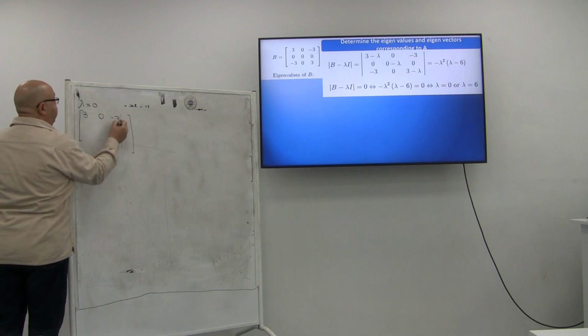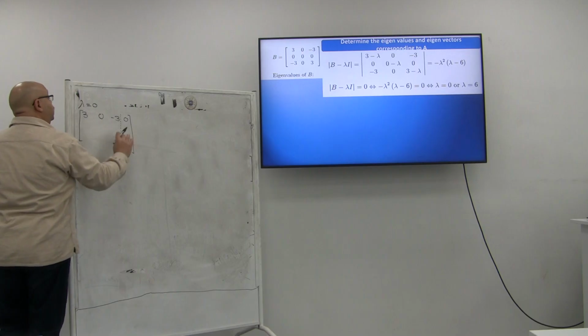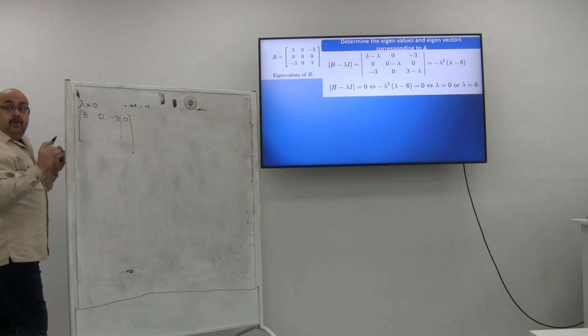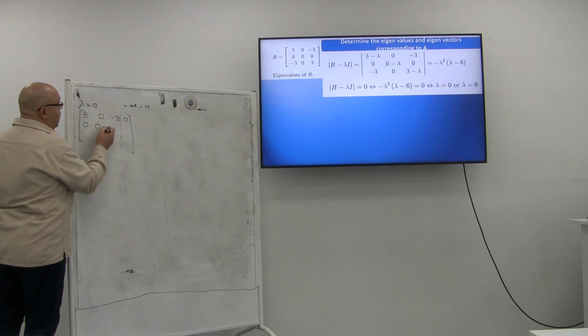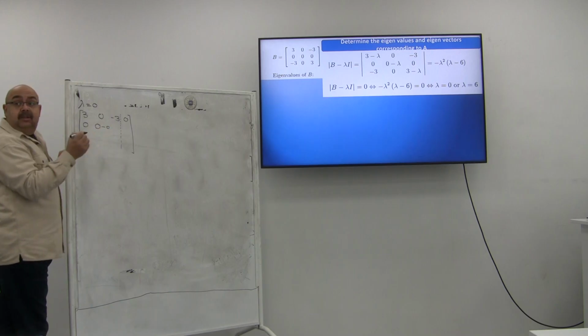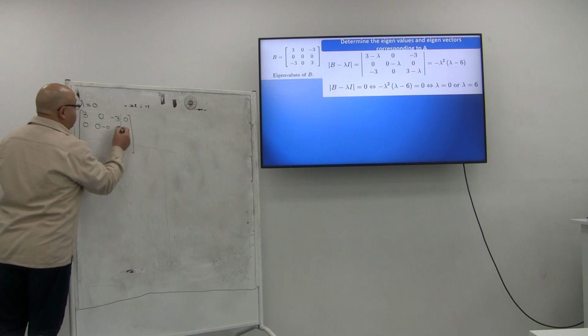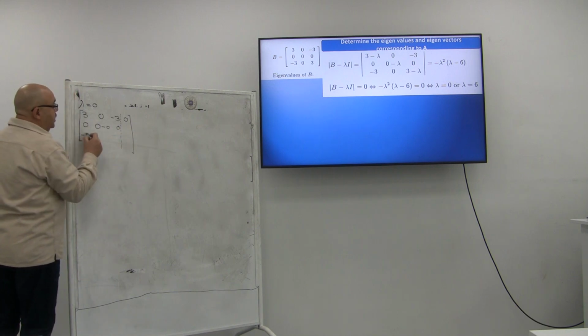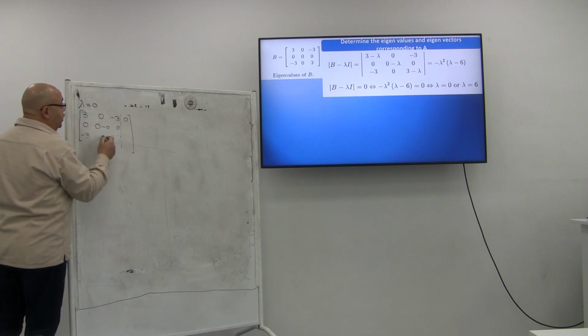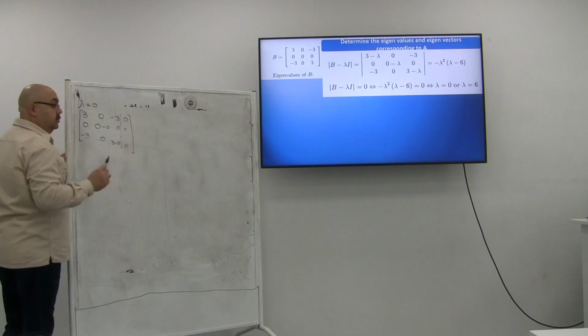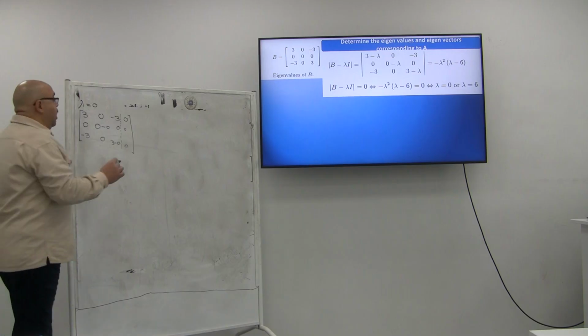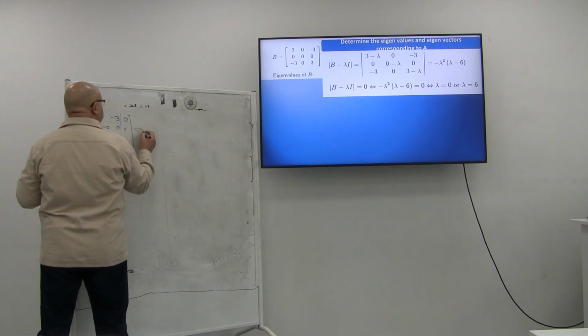Then I will have negative 3 and it's equal to 0. Do the second row, which is going to be 0, then 0 minus 0. Am I right? 0. Then I will have 0. Go for the last row. It's going to be negative 3, a 0, then 3 minus 0, and it's equal to 0. Am I right? Yes. So, now let's get the reduced echelon form.